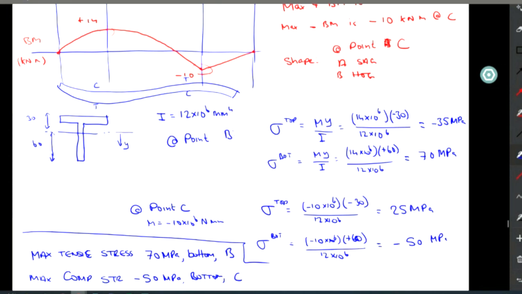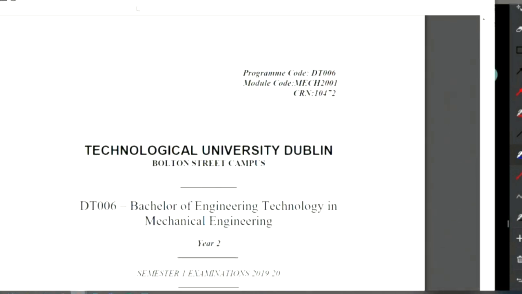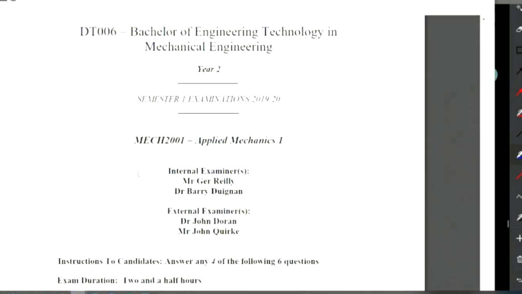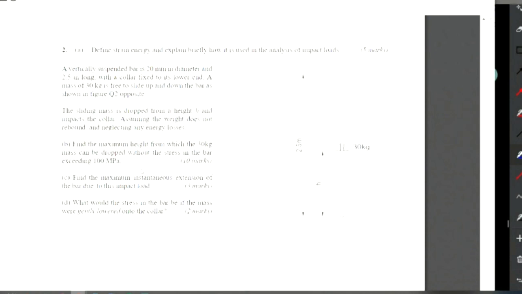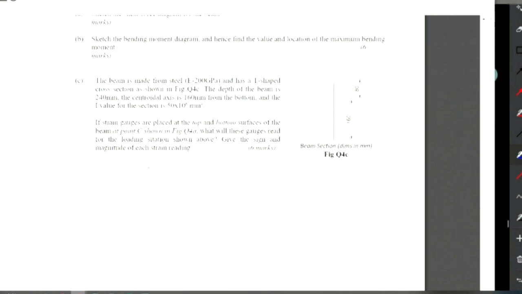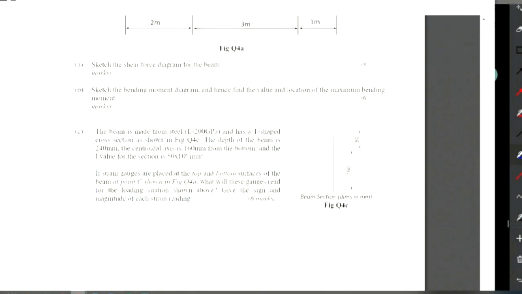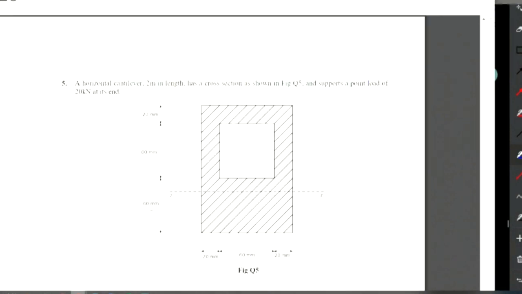So I'll just pop this out. Okay, so come down to me. Okay, this is a slightly unusual paper. Okay, another one of those questions there. Same type of thing. Question 5 there.